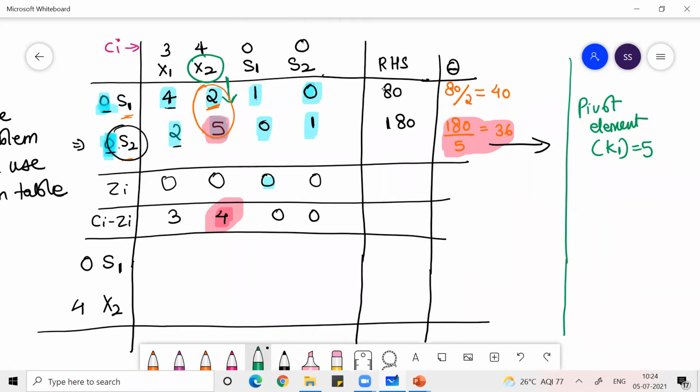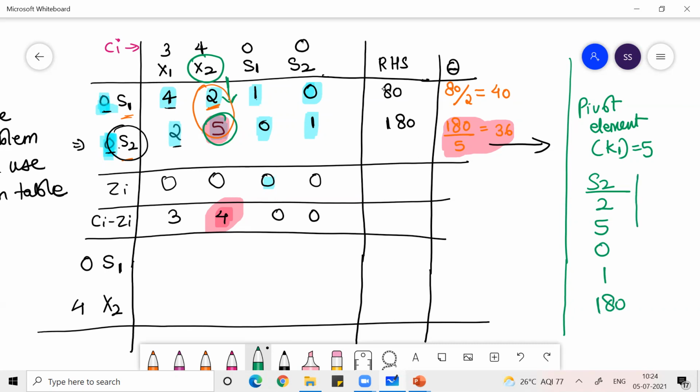For that, I'll consider the element which is the point of intersection between x2 and s2, which is the pivot element. Now divide all the old values by the pivot element. The old values of s2 were 2, 5, 0, 1, 180.